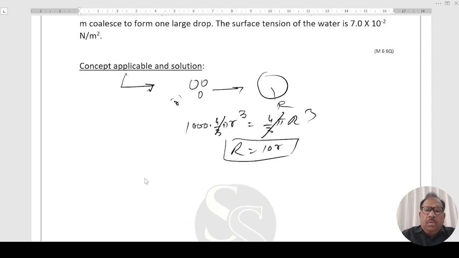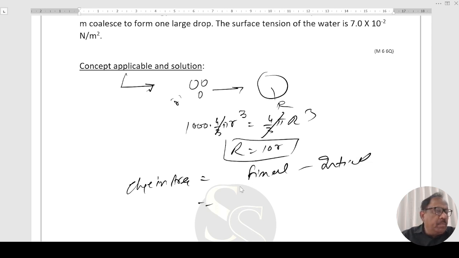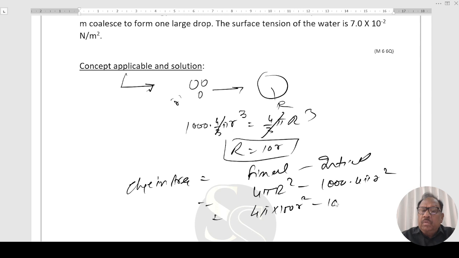Now, change in area: final minus initial. Final is 4 pi R square minus 1000 into 4 pi r square. R is already 10 r, so 4 pi into 100 r square minus 1000 into 4 pi r square.